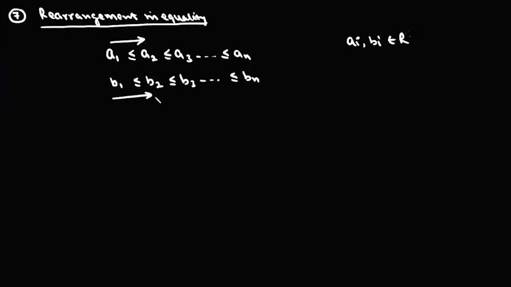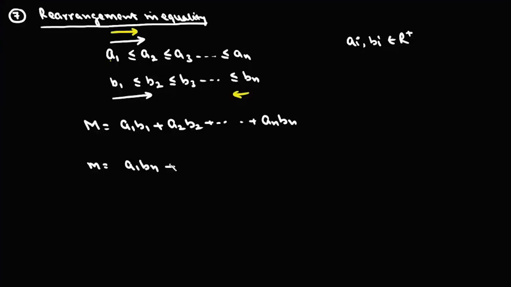Now we'll define some of their products. If we multiply them in the same order, we'll call it capital M. Here we are multiplying A1 with B1, so it will be A1 B1 plus A2 B2, and it goes all the way up to An Bn, and we call it capital M. And if we are multiplying them in the opposite order, that means we are taking A in ascending order and B in descending order and multiplying the corresponding terms, then we'll call it small m, and it will be given by A1 Bn plus A2 Bn minus 1 plus A3 Bn minus 2 up to An B1.